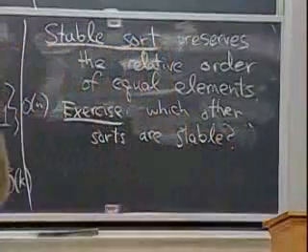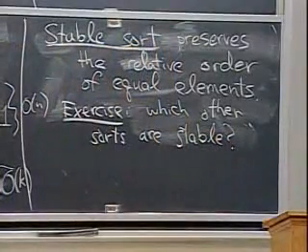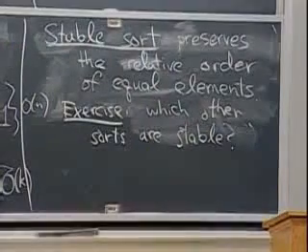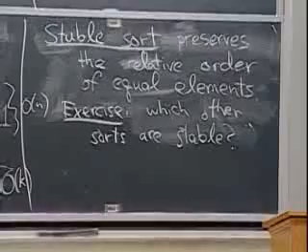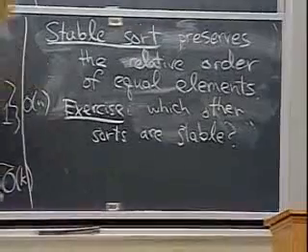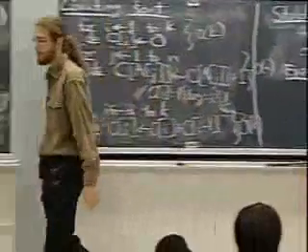I encourage you to work that out because it's the sort of thing we ask on quizzes. So, but for now, all we need is that counting sort is stable. Okay, and I won't prove this, but it should be pretty obvious from the algorithm.